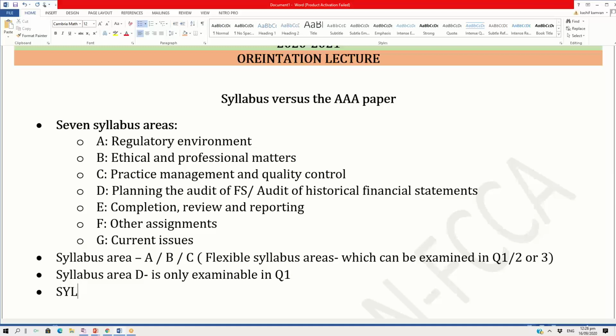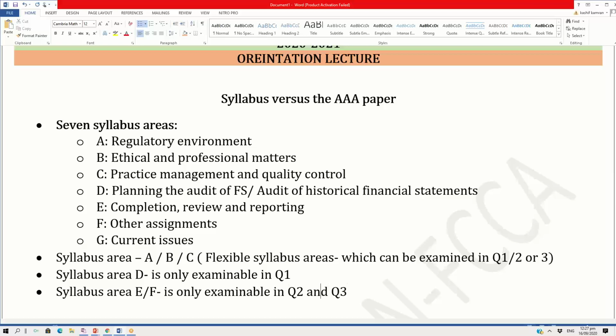Then we come to the syllabus area E, and syllabus area F is only examinable in question number 2 and question number 3.